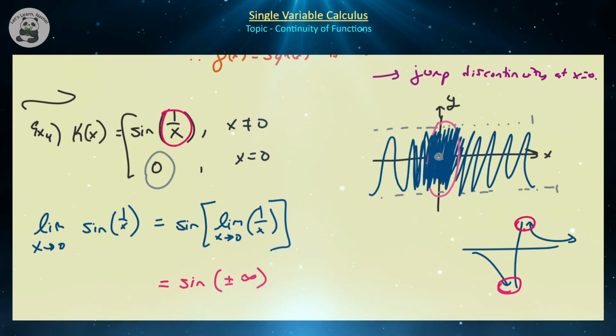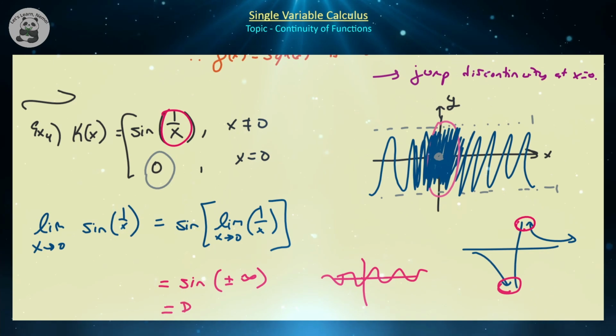But we know that the sine function, although it is periodic and well-behaved, does not get closer and closer to a uniform value. In particular, this limit does not exist. So since the limit does not exist and moreover does not equal 0, this function k is discontinuous at x equals 0 because the limit does not exist.